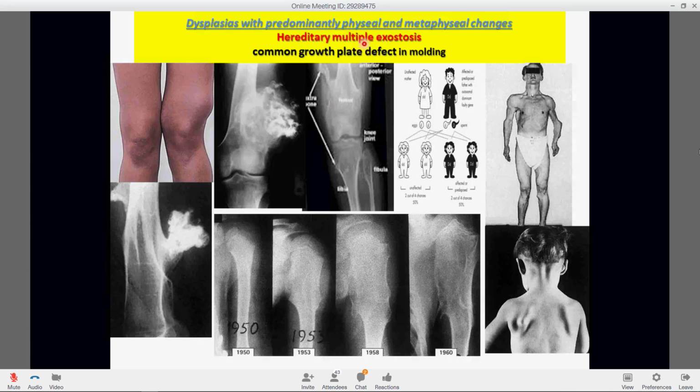In hereditary multiple exostosis, these exostoses become multiple all over the body. The patient is short and there are multiple deformities, multiple masses all over his skeletal system, especially the scapula and pelvis.